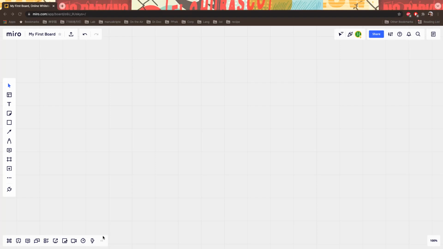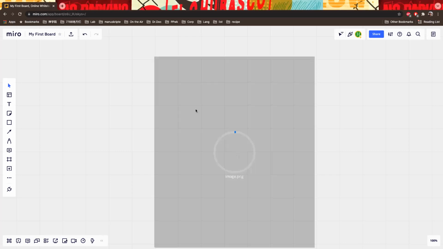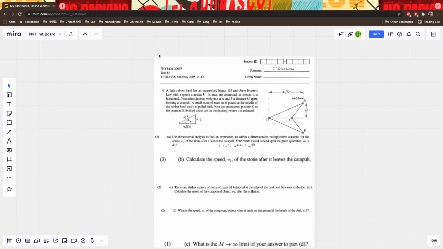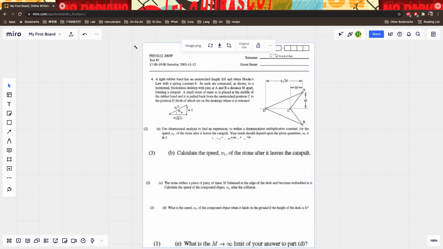Oh, I see. It's like a privacy thing. If you choose just the Google Chrome tab, it won't show anything else on your computer. Okay, let me see if this works. So you can see the whiteboard now? Oh yeah, I see it.